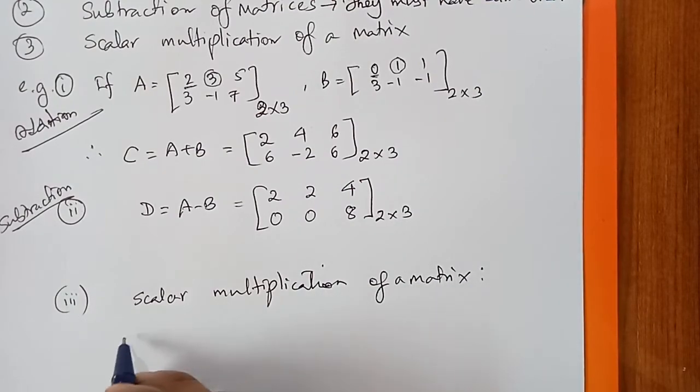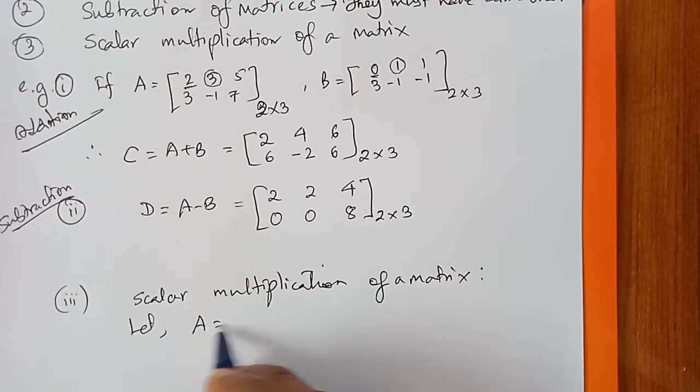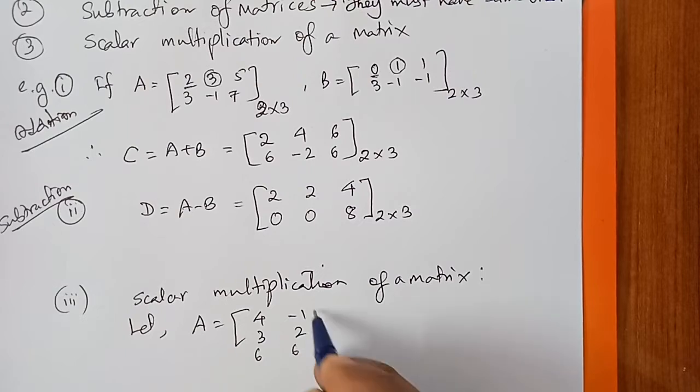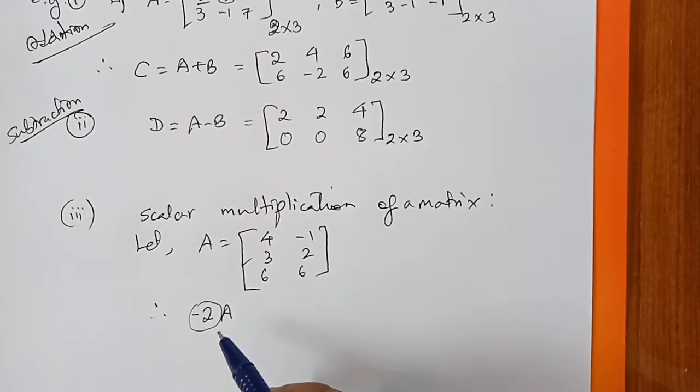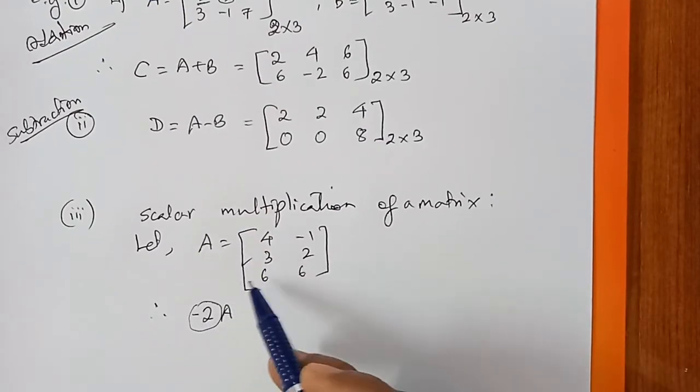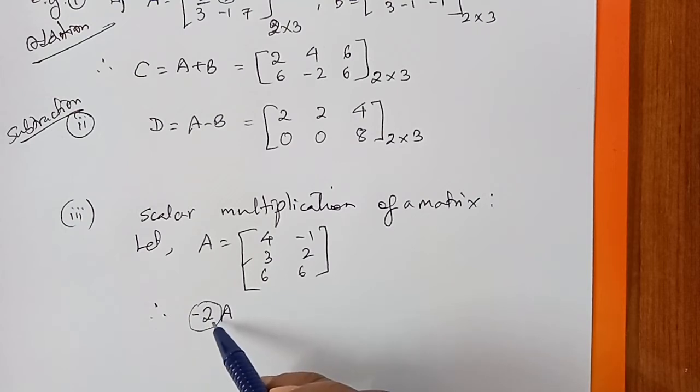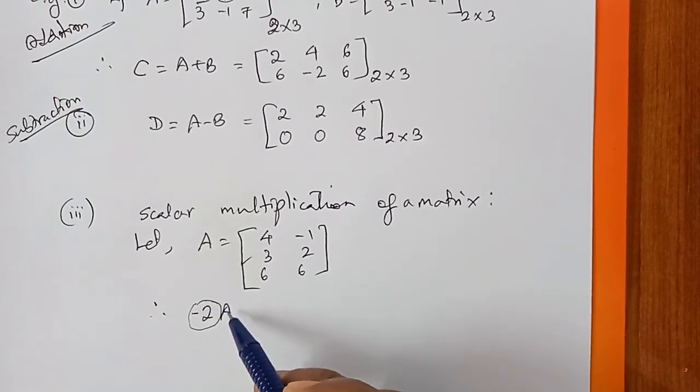Scalar multiplication means, let matrix A equal 4, minus 1, 3, 2, 6, 6, the matrix. Therefore you multiply the matrix with a real number, suppose minus 2. The matrix A will be multiplied with the real number minus 2. So this is called scalar multiplication.